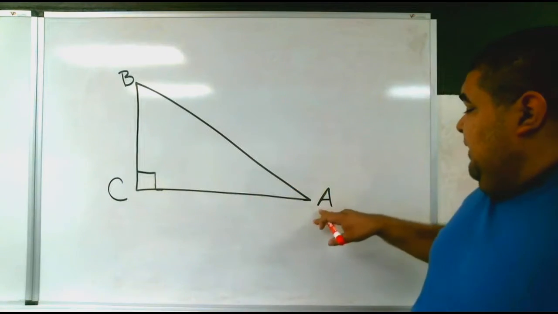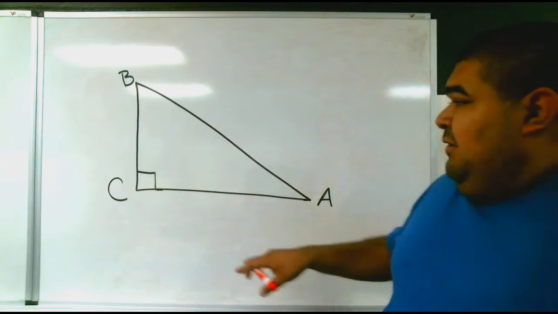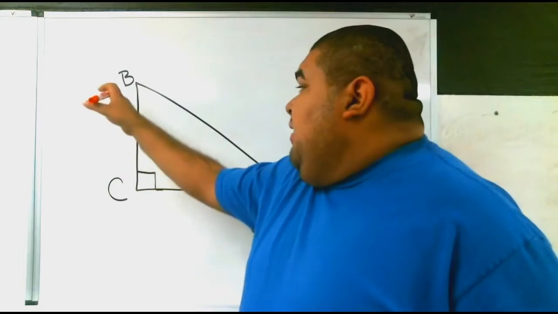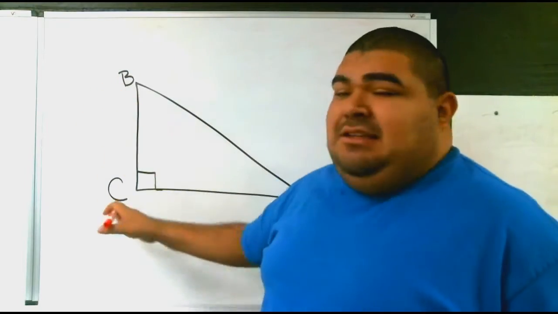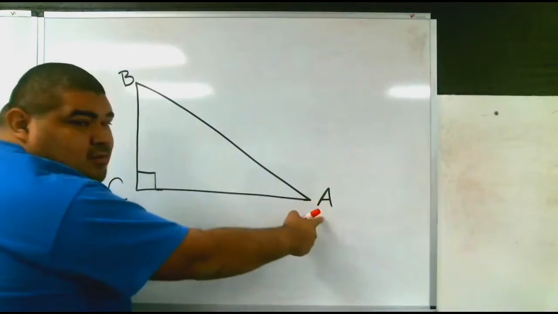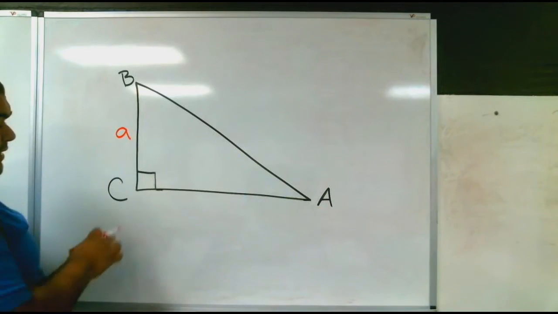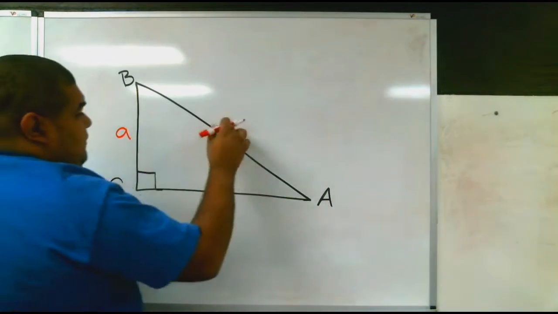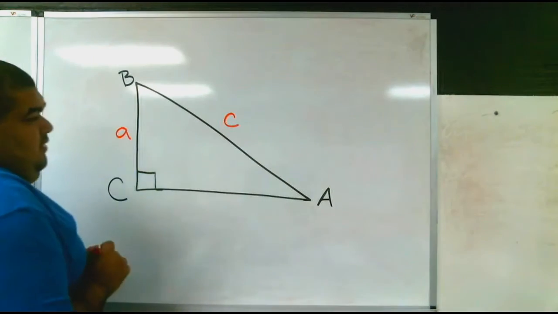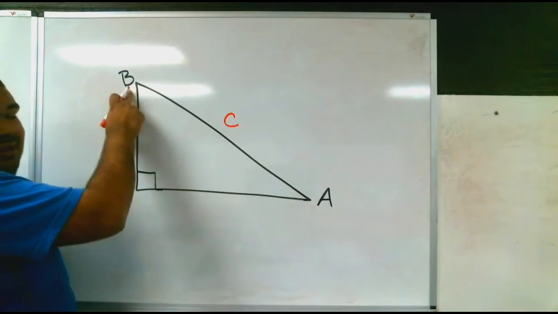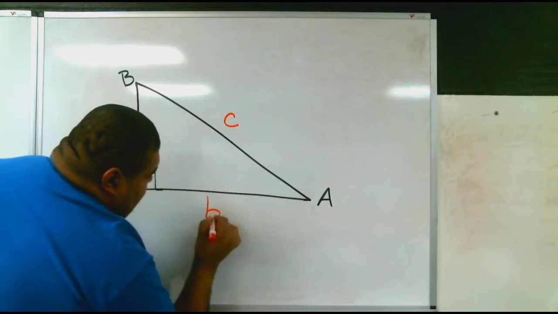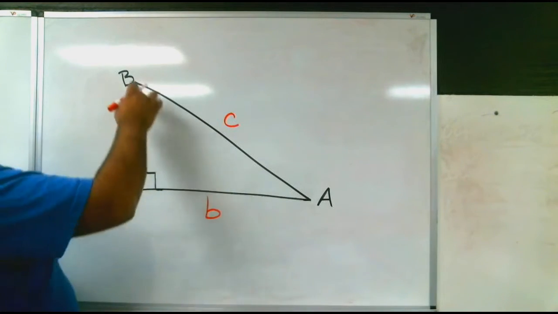So if this is A, then little a goes on the side between B and C. If this is C, little c goes here. And if this top one is B, then little b goes down here, across.